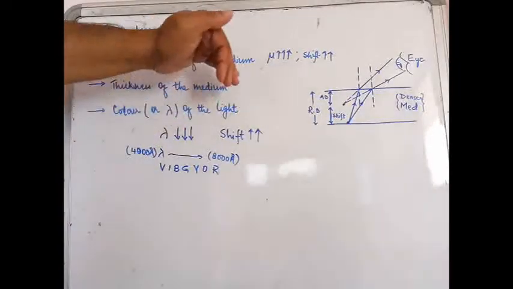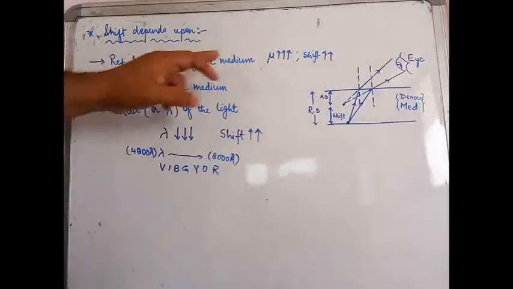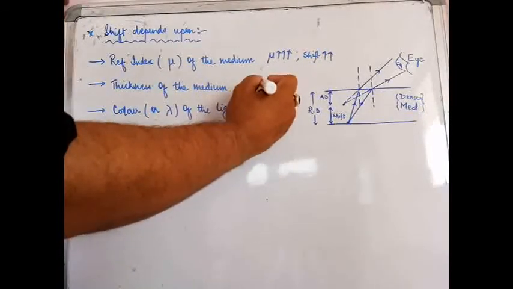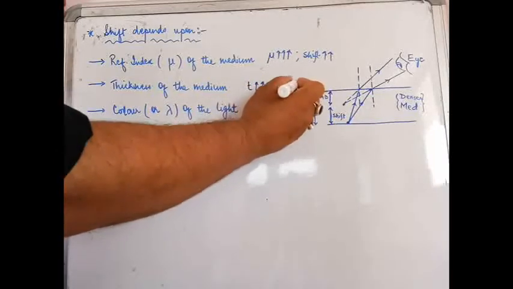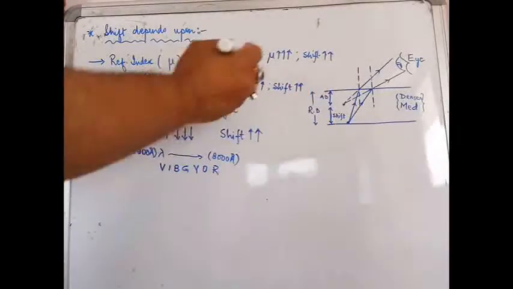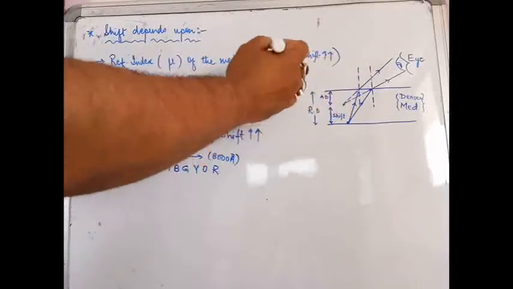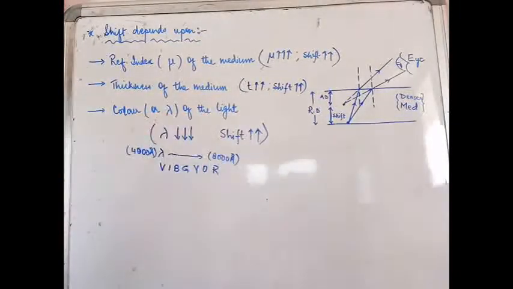More the wavelength, less the shift. Although the first two factors are directly related, so you can write here also, if the thickness increases, you will have the shift value also increasing. So these two are directly related.